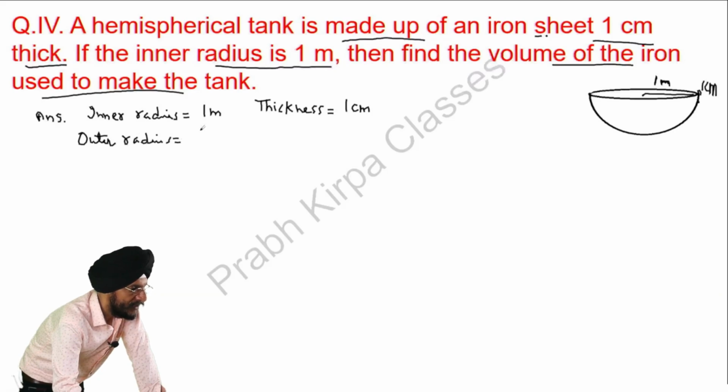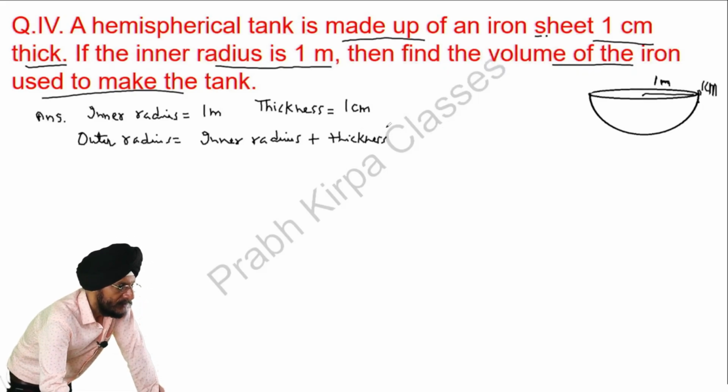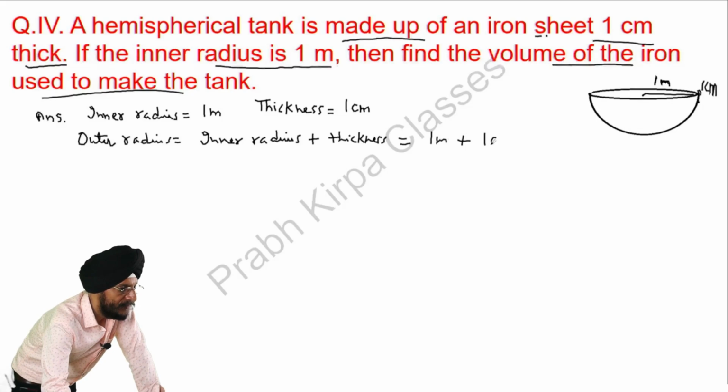Outer radius is equal to inner radius plus thickness of iron. This is 1 meter plus 1 centimeter.